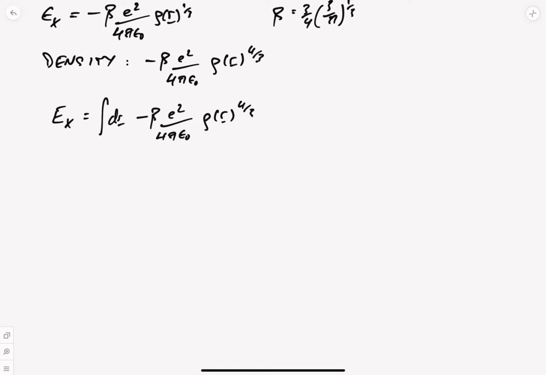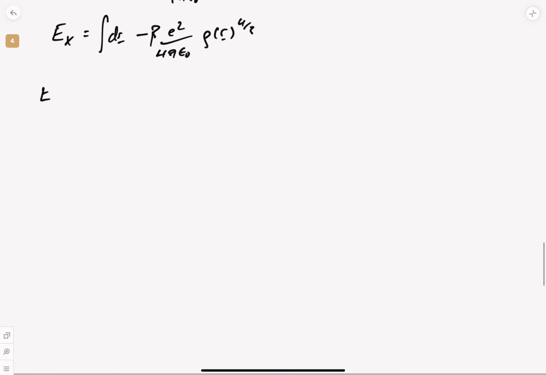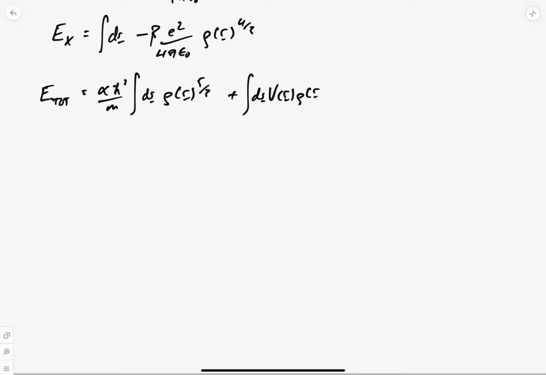That then gives us a complete total energy for the system, so let's write that out. We have E total is equal to alpha h bar squared over m times the integral dr rho of r to the 5/3, that's the kinetic energy term, plus integral dr v of r rho of r, that's the interaction between the electrons and the nuclei.